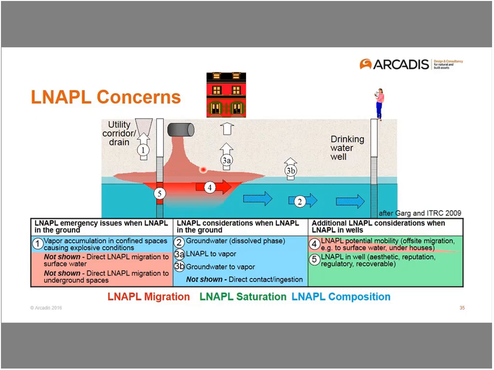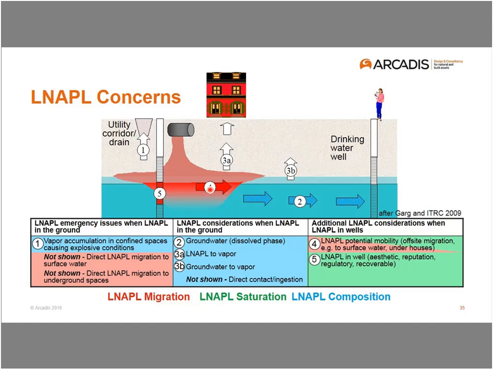But if you get past that, you can really start to dig into the details of the conceptual model. Is there a dissolved phase that's heading toward a drinking water well? Are there vapor phases that are heading to a receptor at the ground surface, either from the LNAPL body itself or from petroleum hydrocarbon constituents in the groundwater?